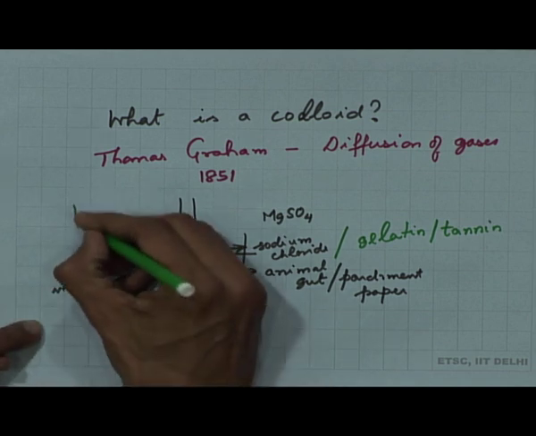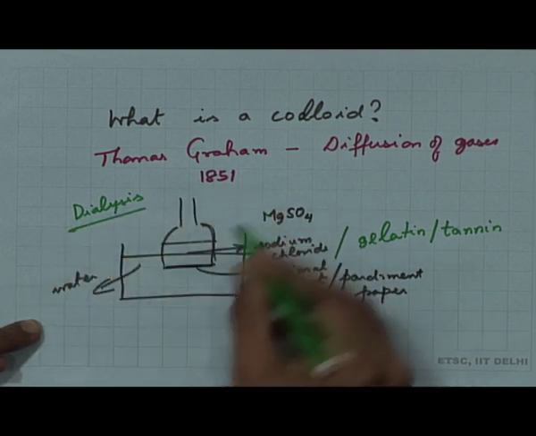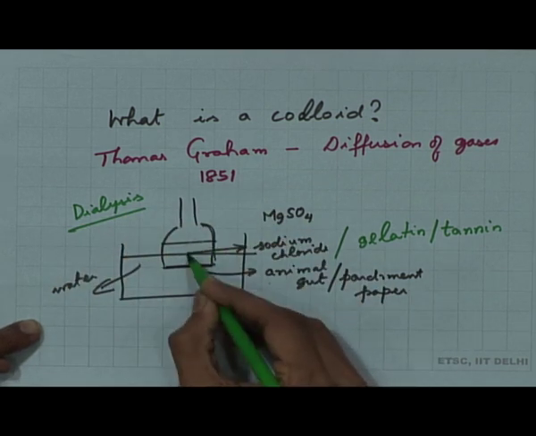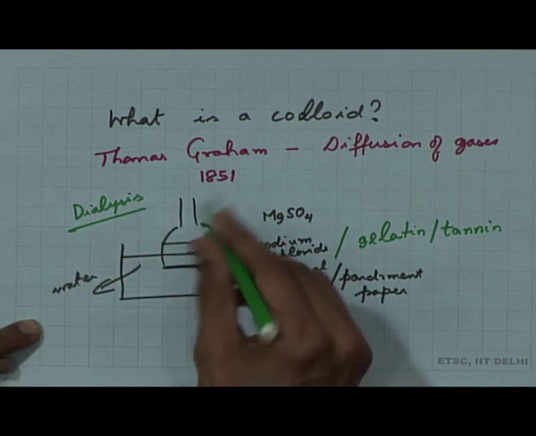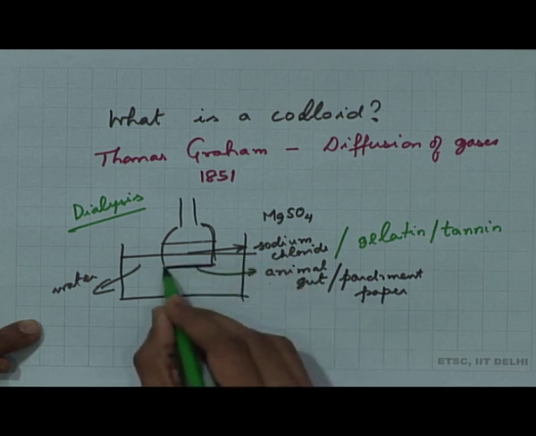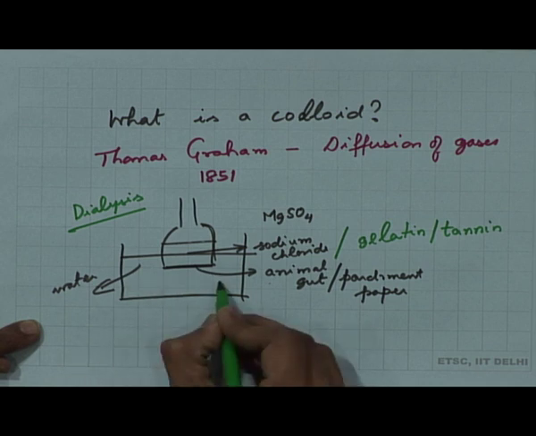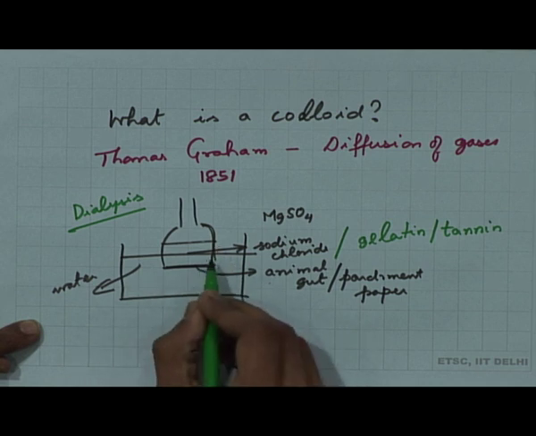So, he did this dialysis experiment where he took various liquids in this container, he dipped this into water, and there is a semi-permeable membrane, animal gut, which allowed some things to go through into this water, whereas other things did not.